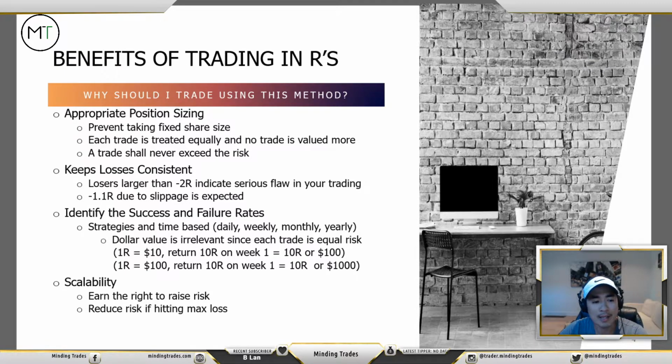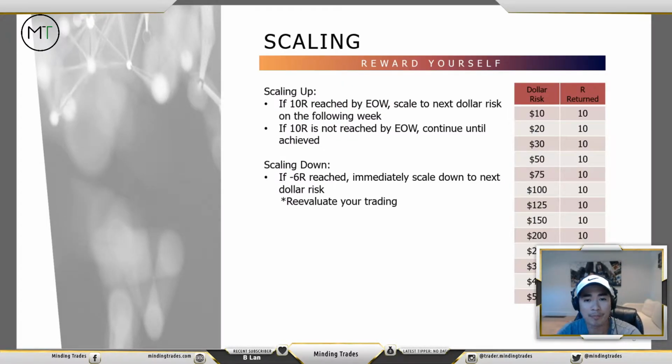So let's talk about the next slide. Scaling. So reward yourself. This is definitely key. This is how you become a $100 trader to a $1,000 trader. Not overnight, but slowly through dedication, hard work, and reviewing your trades and sticking to your rules. Okay? So as you can see here, dollar risk, right?